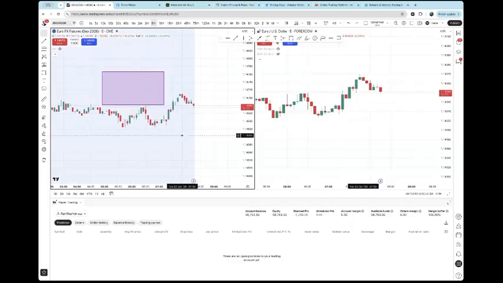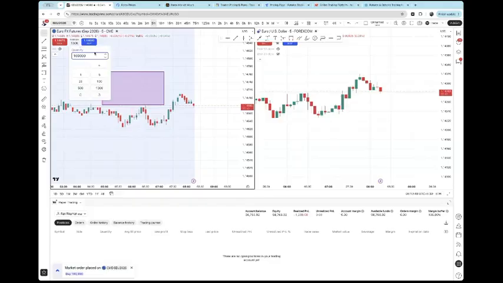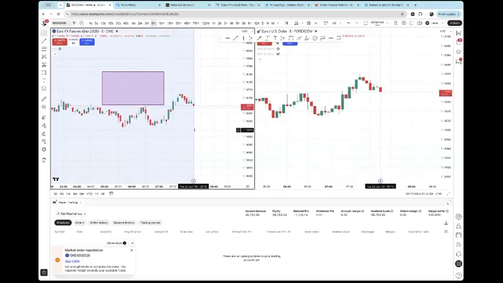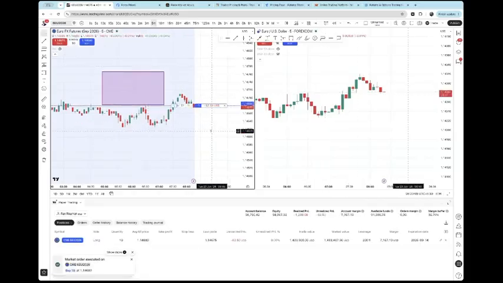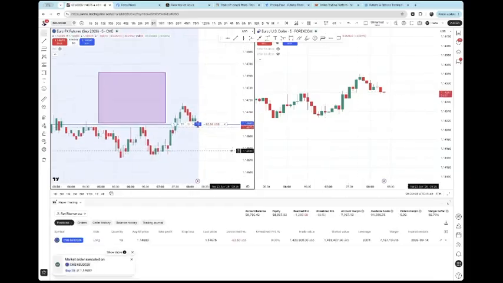So this is control B. Okay, rejected. Not enough funds. Okay, make it 1000, because it needs the market 1000. Okay, rejected. Okay, make it 10 a standard lot. Control B. Okay, so this is a future trade.